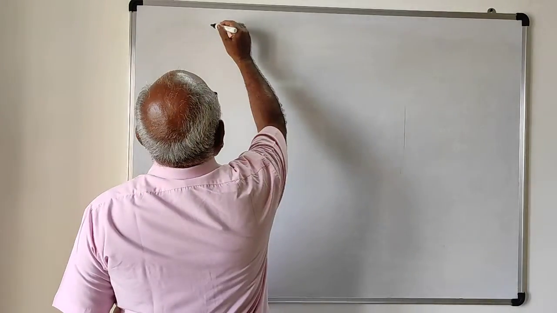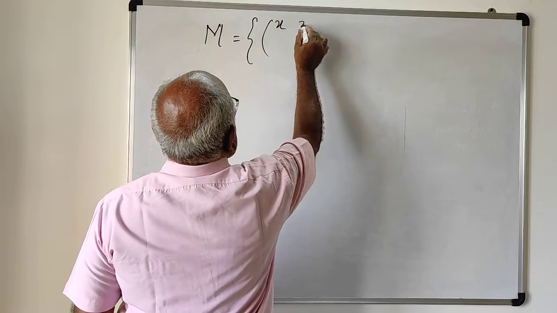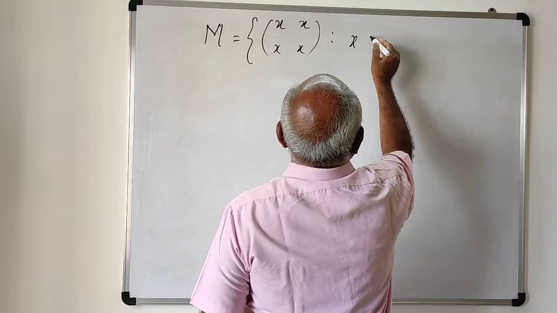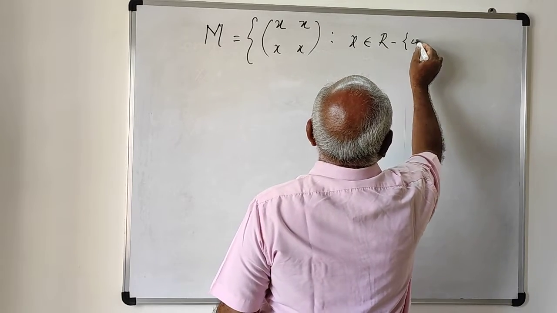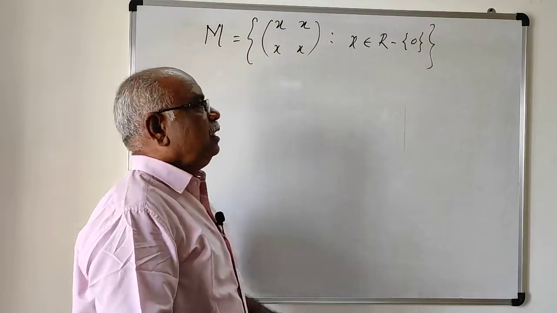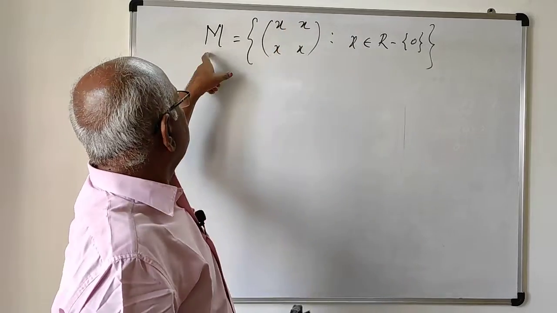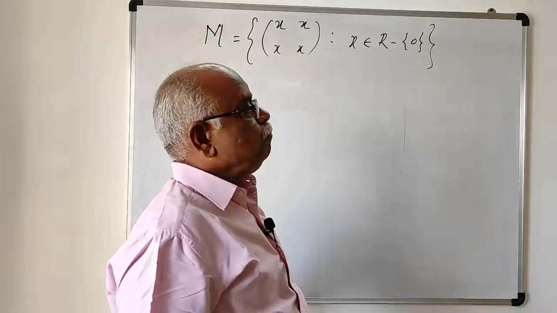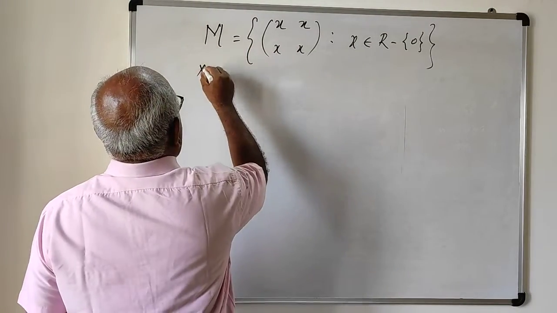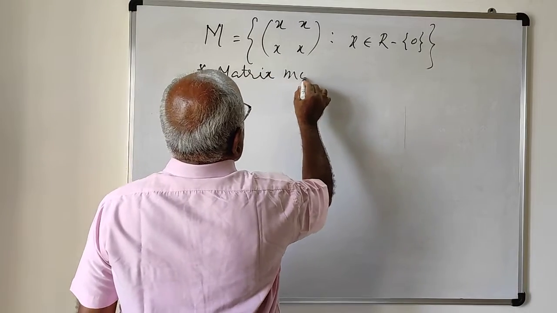So, M is the set of all matrices of the form x, such that x is an element in R minus 0. In the real number set, except 0, you can consider all the real numbers. Keeping x as elements of the set of matrices M, the binary operation is matrix multiplication.